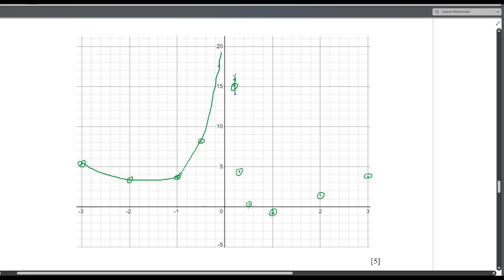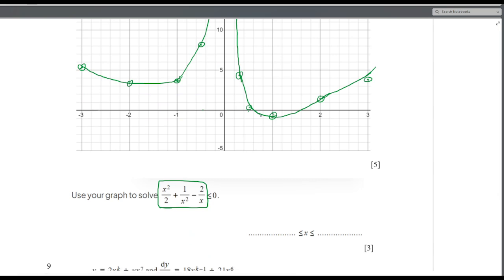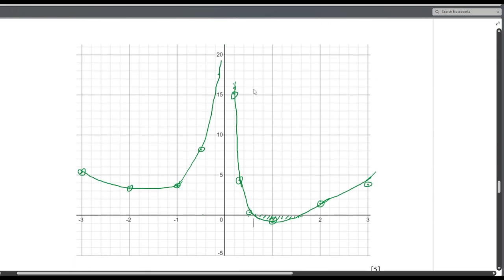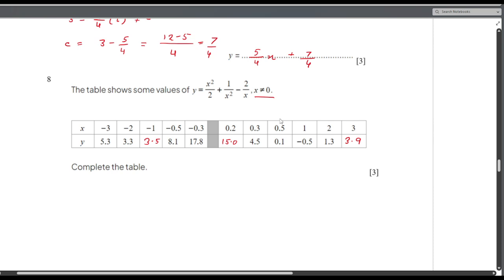The curve will go something like this. It will continue from here, going like this, and then from here going like this. So this is your graph, and this is my negative part. The negative values are after crossing 0.5, because for 0.5 it is given 0.1.